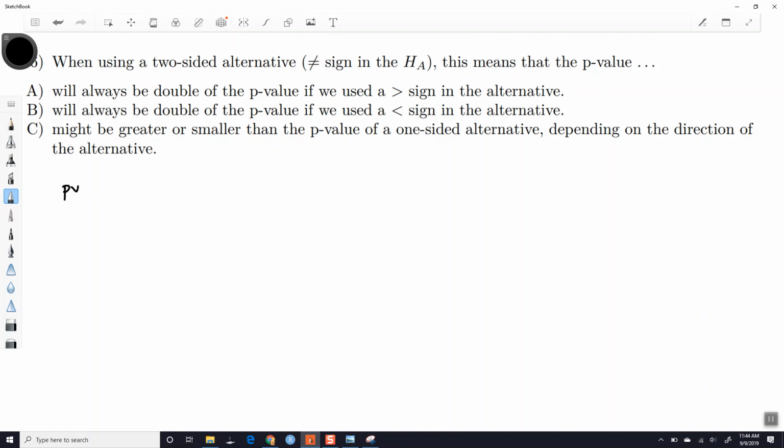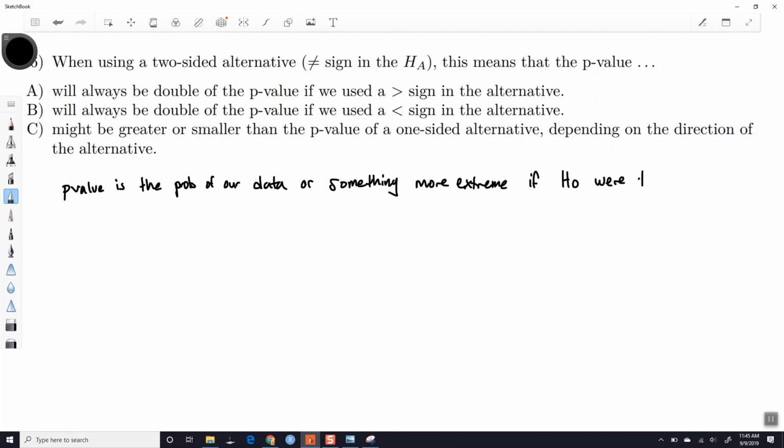Again, the p-value is the probability of our data, or something more extreme, if the null hypothesis were true.